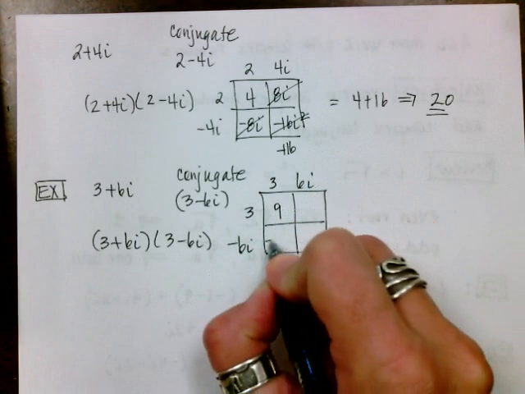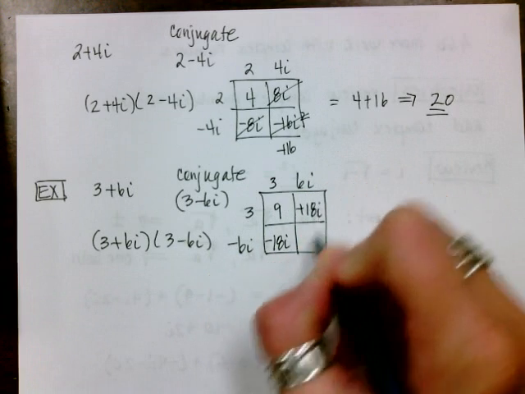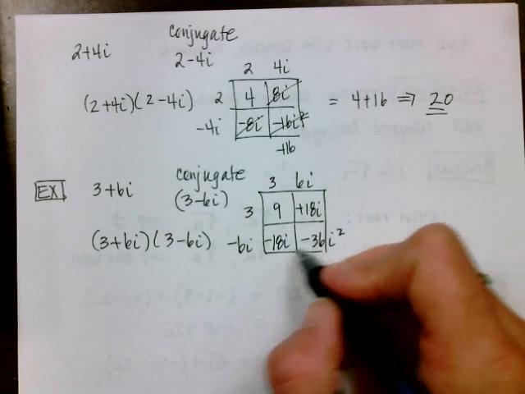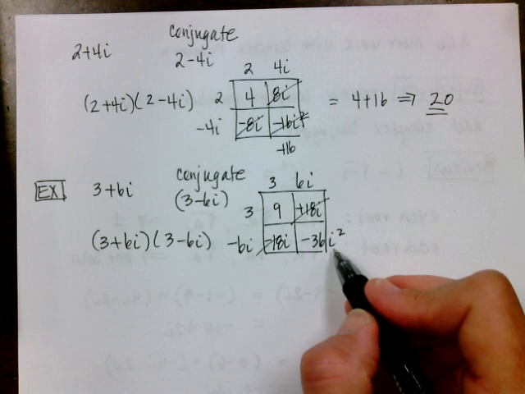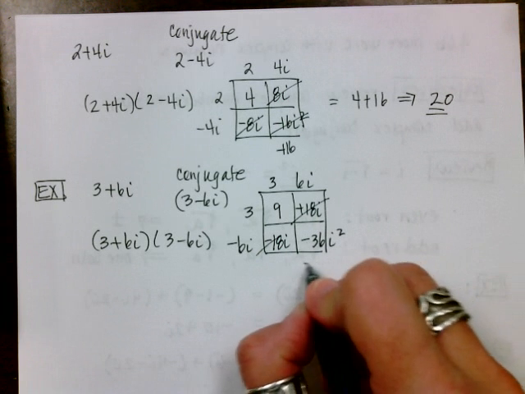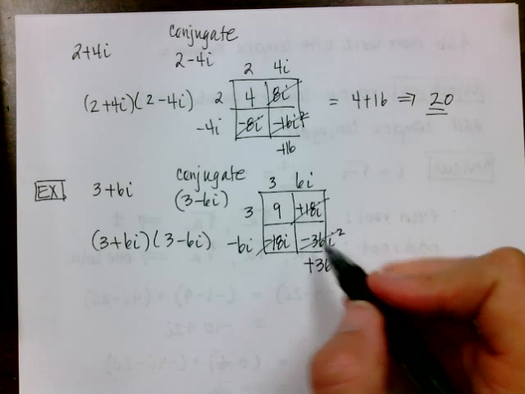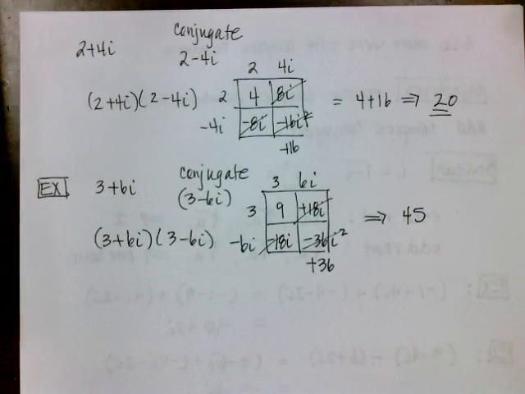This is 9 minus 18i plus 18i minus 36i squared. The two i's cancel. i squared is a negative 1 multiplied by the negative 36. This turns out to be a positive 36. 36 plus 9, this simplifies to be 45.